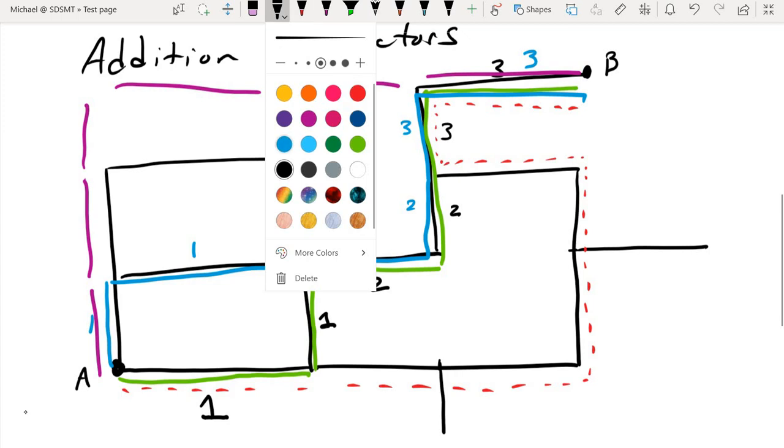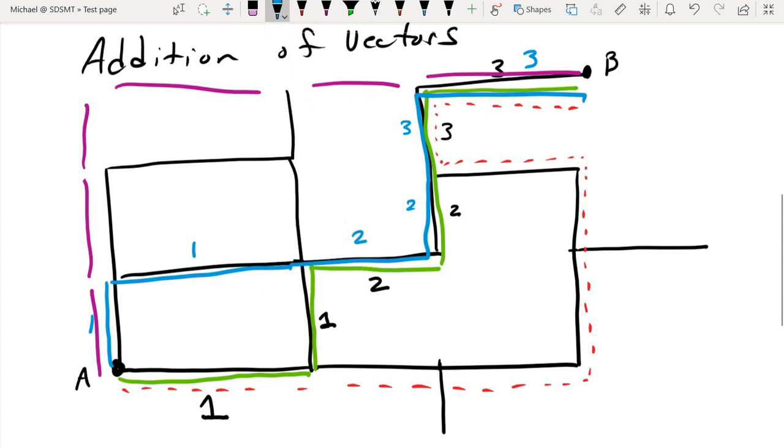And so each one of these individual segments can be considered a vector in and of themselves. So if we take the blue route there, every time I traveled, there was a specific direction along with a magnitude that had to be traveled. And what we're doing essentially is adding vectors together.